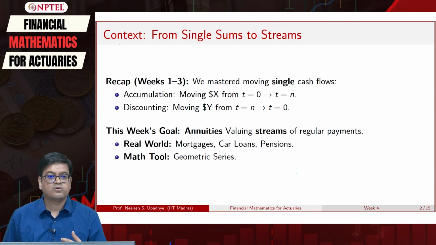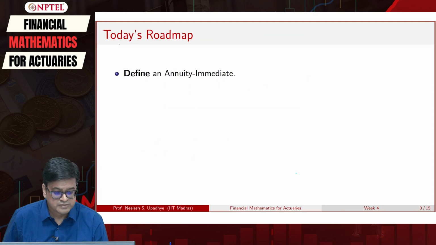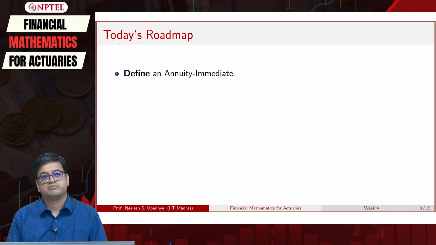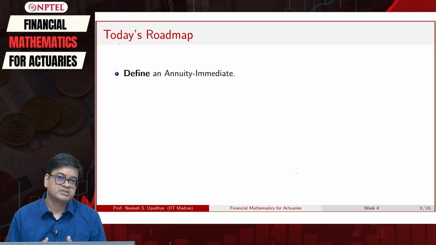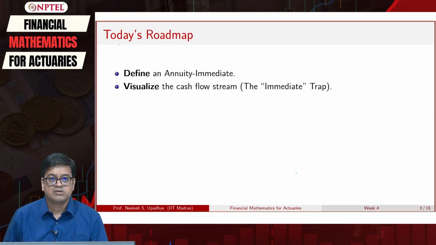So what are the goals for today's lecture? That brings me to today's roadmap, which is we will define annuity immediate. After defining annuity immediate, it is very important to analyze the cash flows. We have already seen them, but we will ensure that you are able to visualize the cash flow stream clearly.